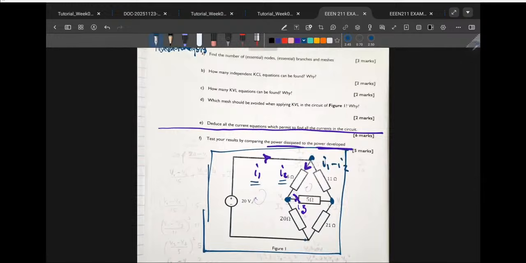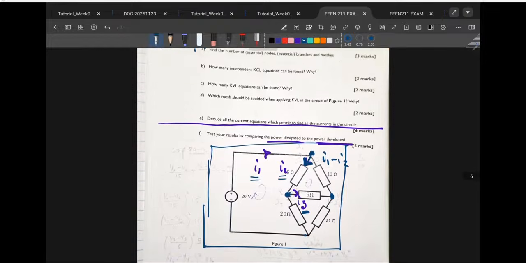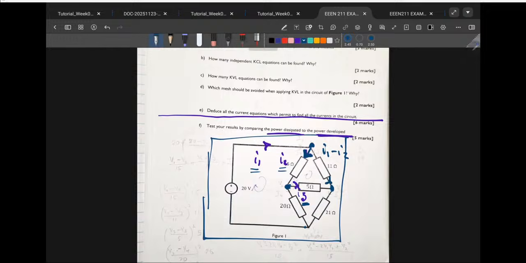I1 minus I2 comes to meet in here, and then we're going to have one that comes out, and another one that comes out. To come in here, you know that this is I2, and I3 is being subtracted, so this branch is going to be I2 minus I3. Then in here, it's I1 minus I2 meeting I3, so it's going to be I1 minus I2 minus I3.